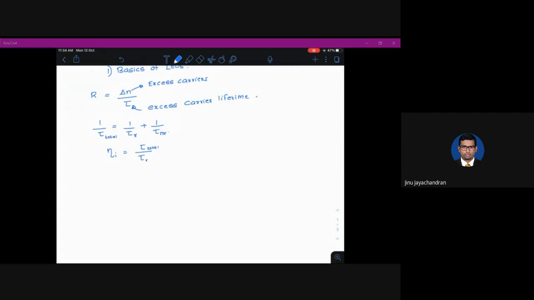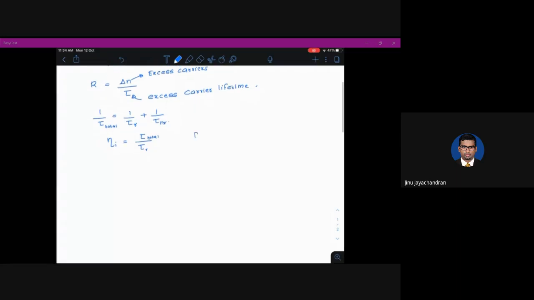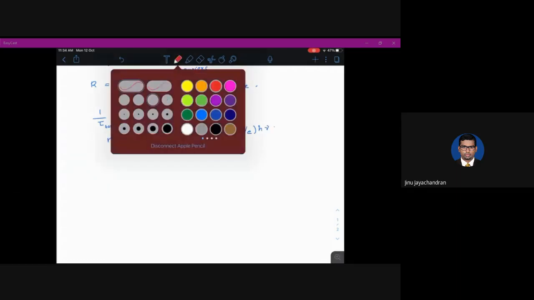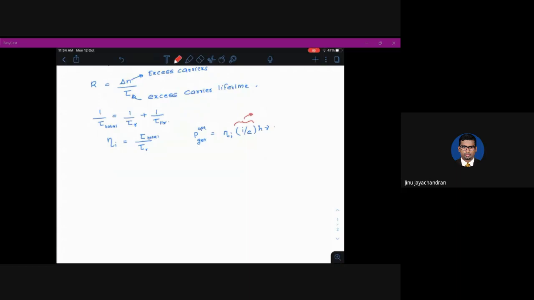Okay, and we also said that the optical power generated is equal to eta I into I by E into h nu. This we have also seen, where this I by E you can say is approximately the number of electrons recombined. For each electron recombination there is a photon emitted.